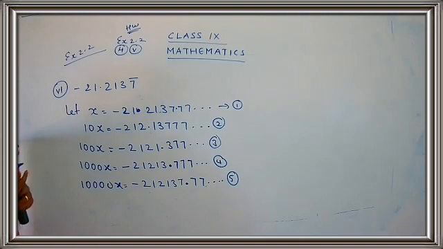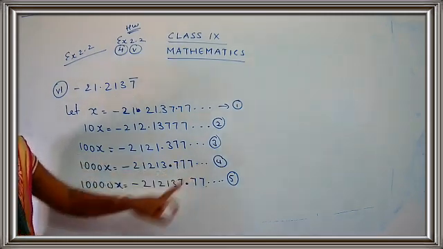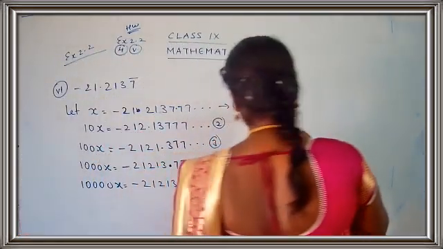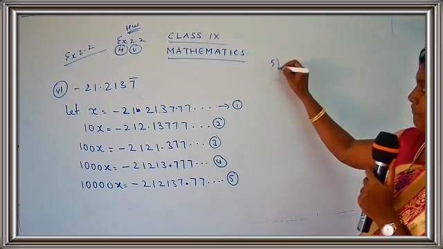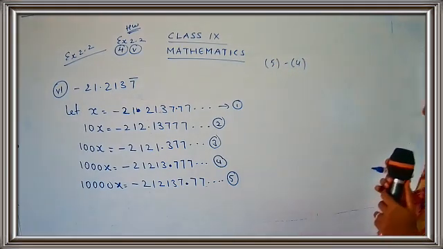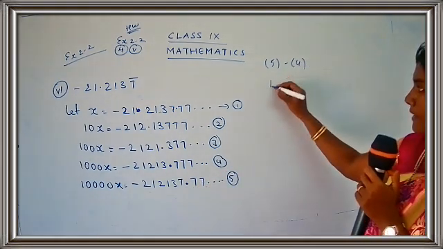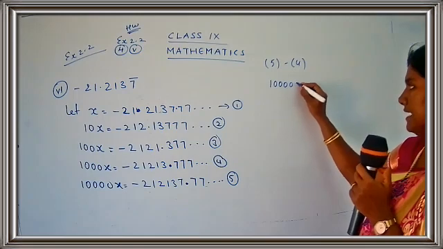Now we are going to subtract these two numbers. Which two numbers? 5 and 4. So let us write down here: 5 minus 4. Always take the bigger number minus the smaller number. So what is the number here? It's 10,000x.